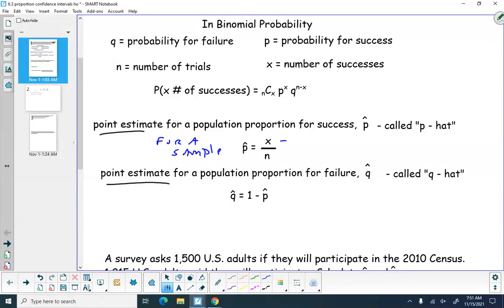So we have a total of 22 people in this room right now. Let's say 15 of you ate breakfast. So our p hat would be 15 divided by 20. If I would quickly calculate that through the calculator, I can calculate my proportion for success.